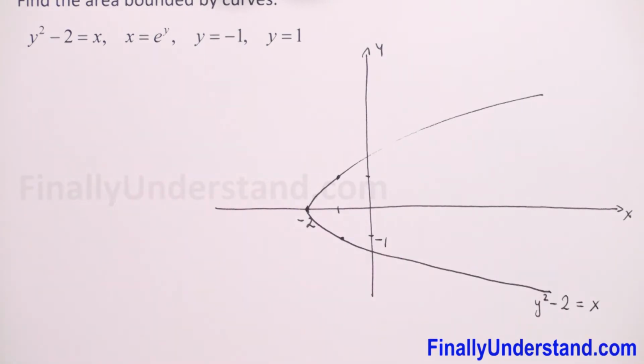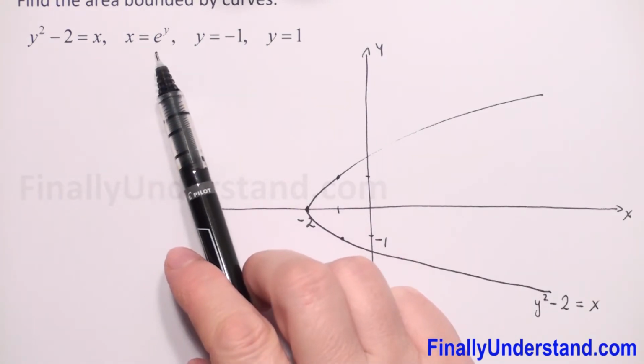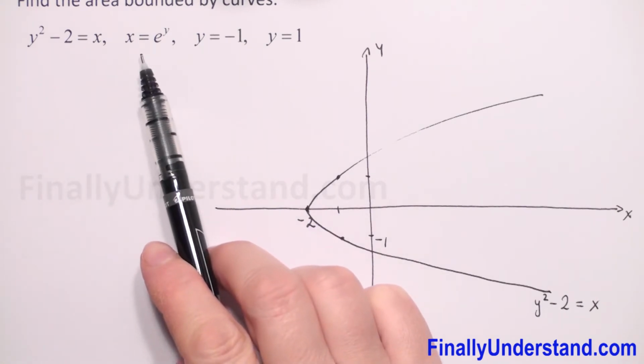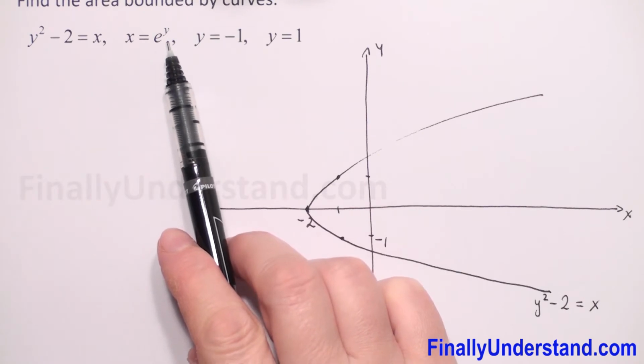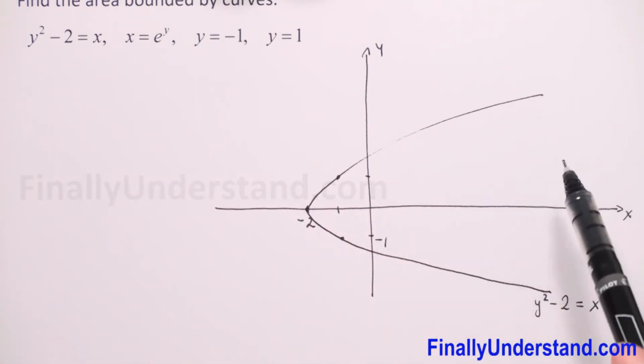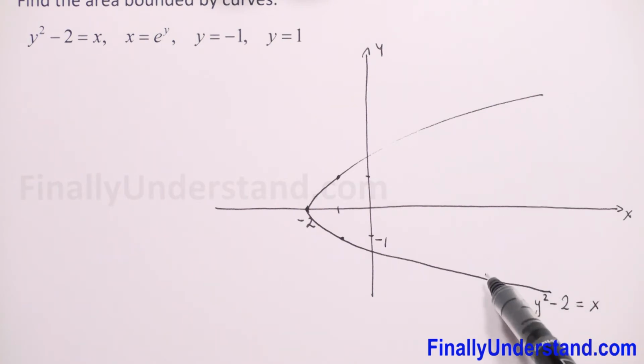Our first curve. The second is x equals e to the power y. So in this case we have an exponential function, and because we have x equals e to the power y, the graph will be in the first and in the fourth quadrant.